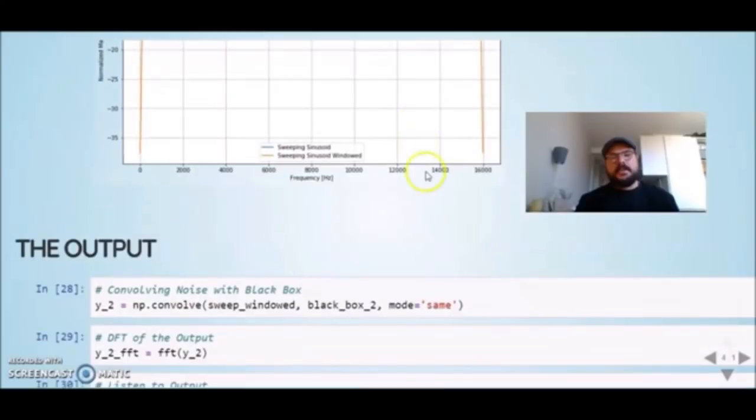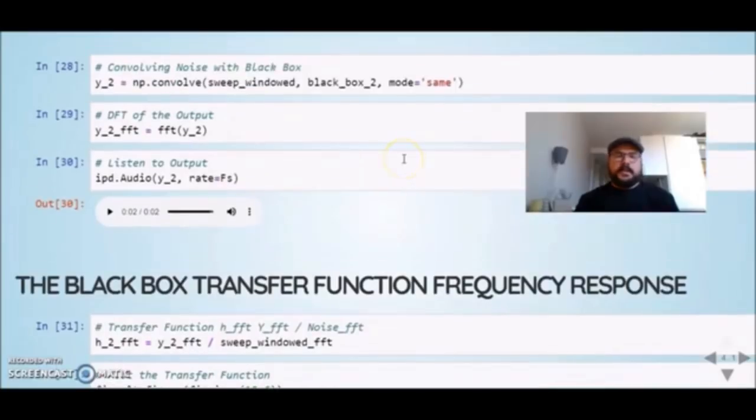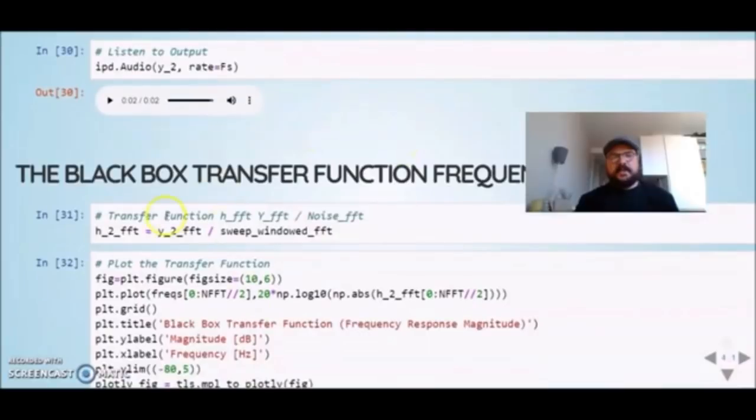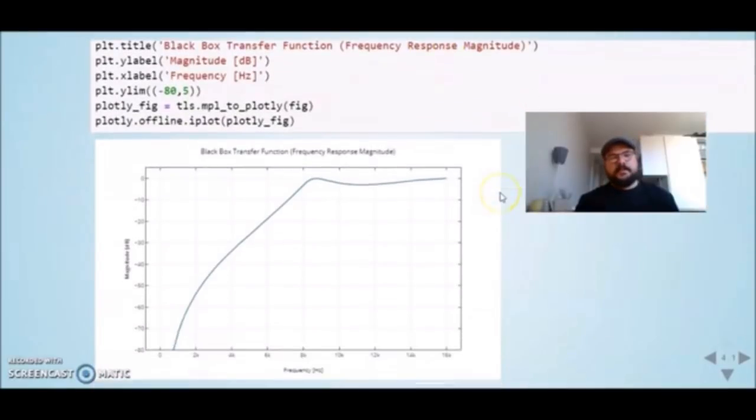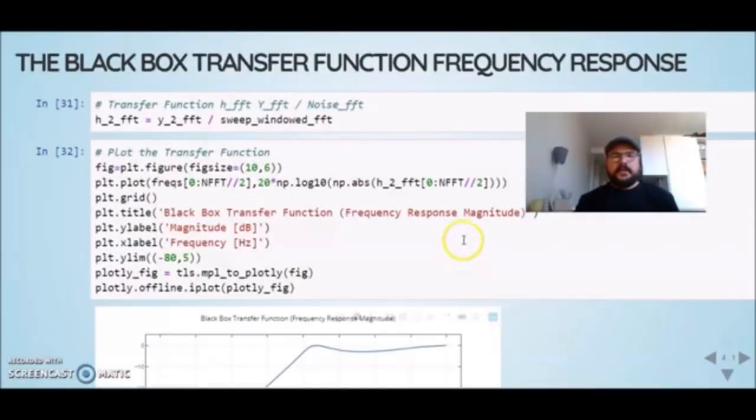We can notice that it seems to have less low frequency content. When we take the transfer function, dividing the output of the black box by the input of the black box, this is the curve that we obtain.